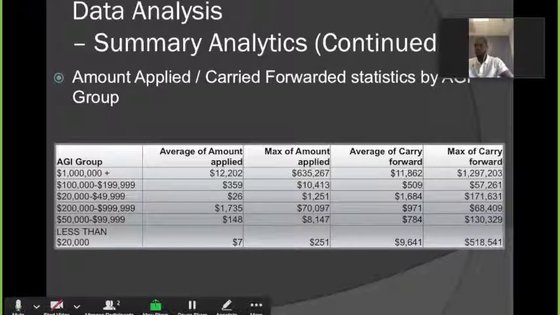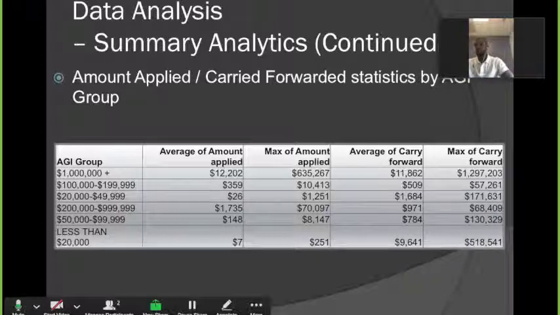What's interesting to notice is that the $1 million or more AGI group, on average, saved about $12,000 per claim, but some of the individuals or businesses saved significant amounts of money. One group was able to save over $635,000 in one tax season by retraining employees.